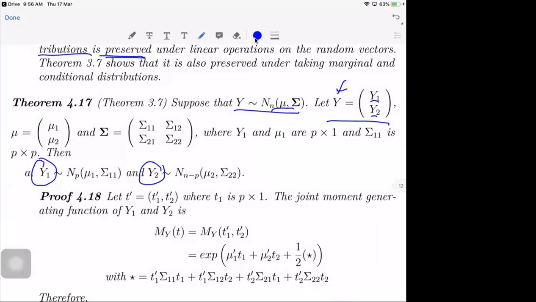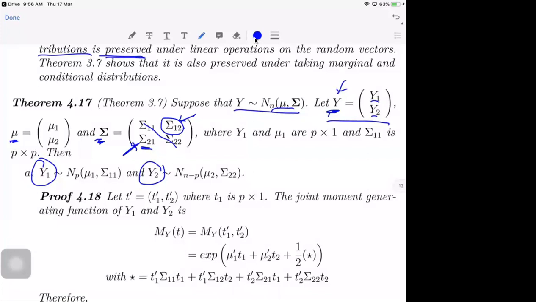So if we partition y into y1 and y2, we also partition our mu into mu1, mu2, and our covariance matrix will be, you have the diagonal blocks here, sigma 1,1, sigma 2,2, and the covariance blocks here. This is symmetric, so whatever is the entry here, it's the same as the entry here.